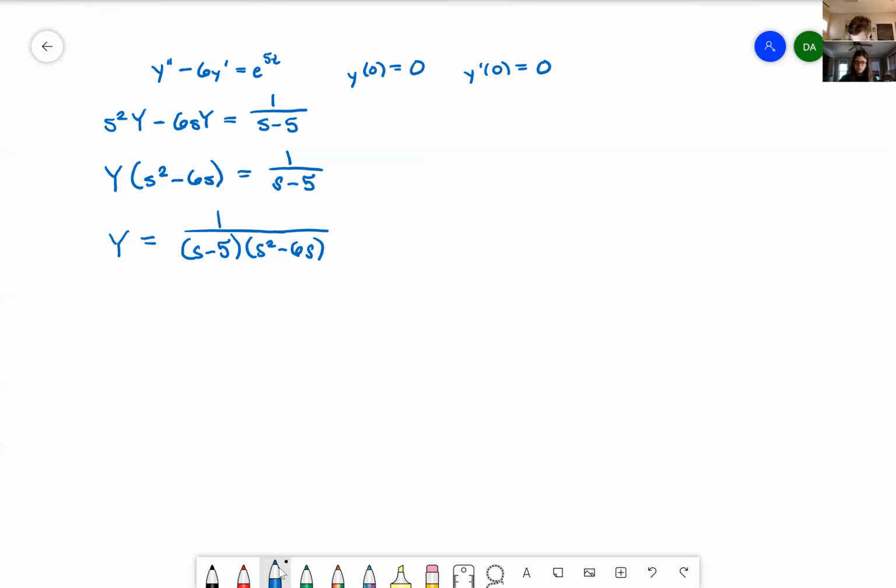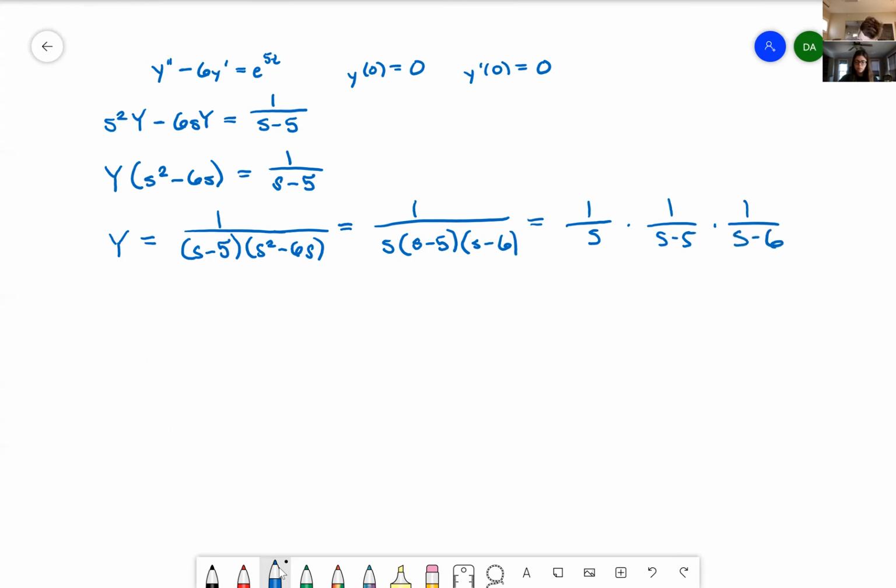This might be an interesting situation in which we can do the convolution. Let's give it a shot. I might be getting myself into a lot more work than I actually want, but we'll see what happens. S minus 6. So this is just 1 over s times 1 over s minus 5 times 1 over s minus 6.